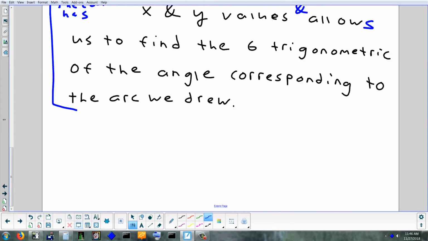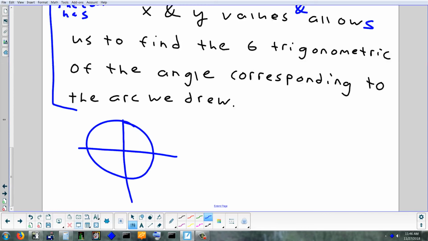All right. So if you said to me, draw a 90-degree angle. Do something like this. Put my initial side, my terminal side. There's the arc for a 90. There's the terminal point. 90 is straight up.